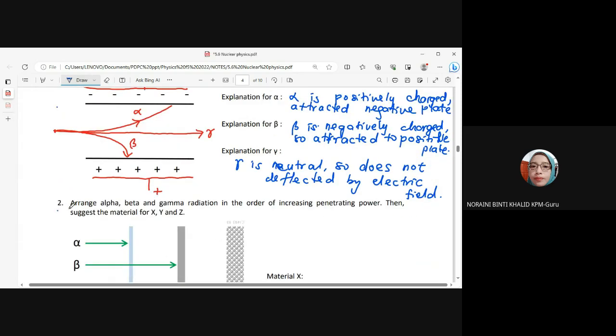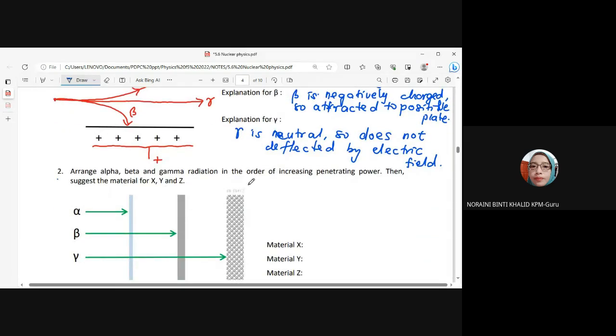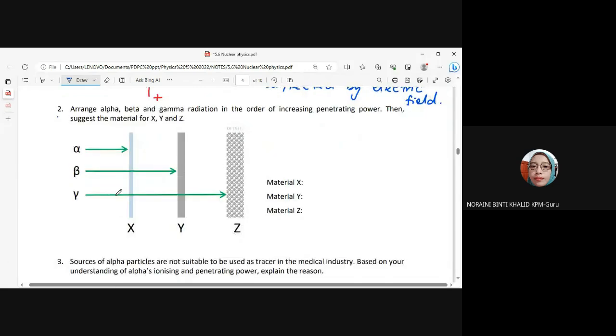Okay, we go to next, number 2. Arrange alpha, beta and gamma. Okay, this one I have discussed just now already. So we can just state alpha, beta, gamma. So what is X, Y? X ialah paper. Y ialah aluminium, a few cm of aluminium.